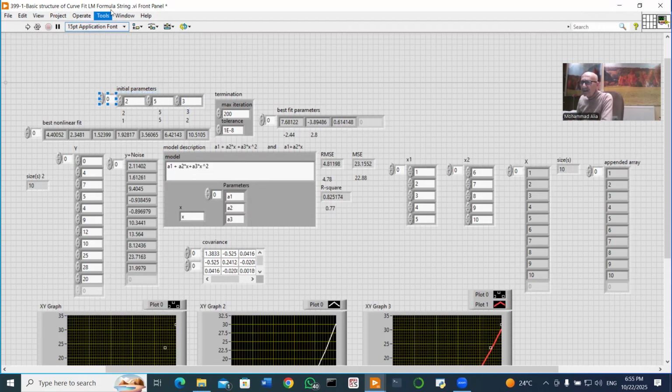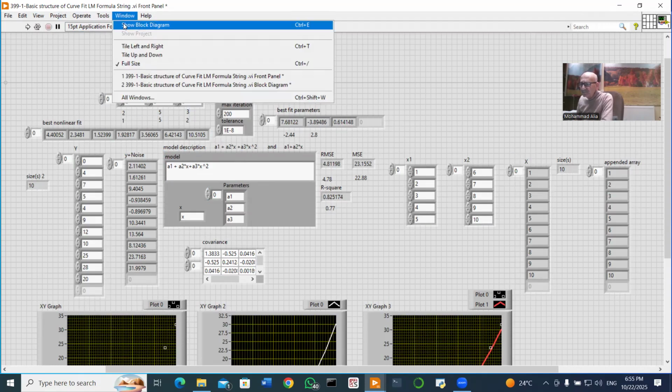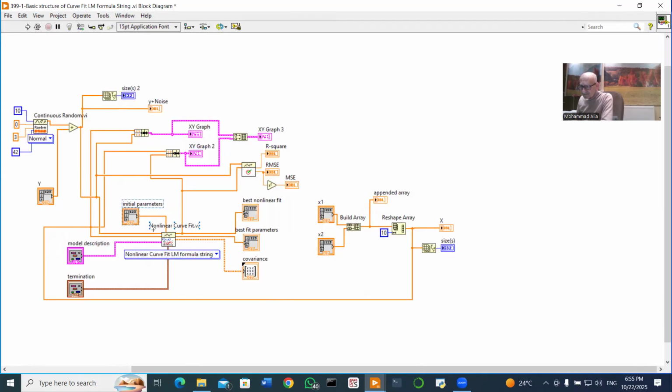And this is all about it. Well, the output of the non-linear curve fit here includes the values of the parameters, the coefficients of the function, which are calculated as the best values, best fit parameters, best fit coefficients of the function.